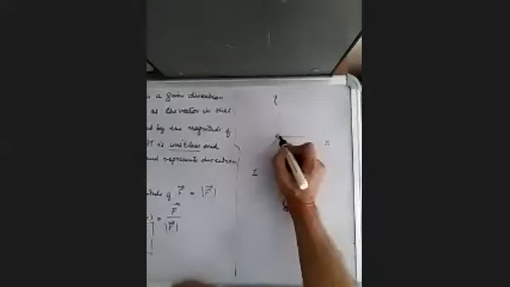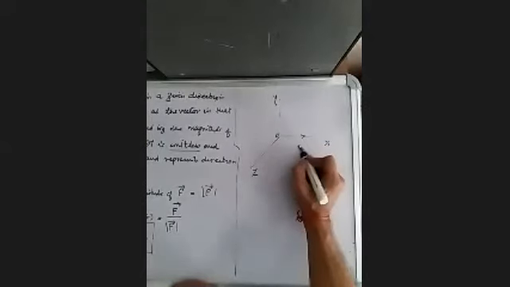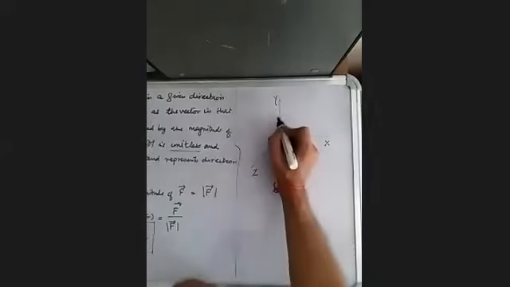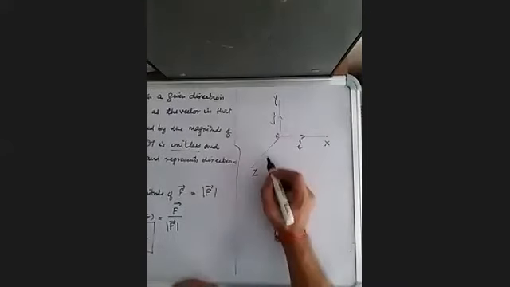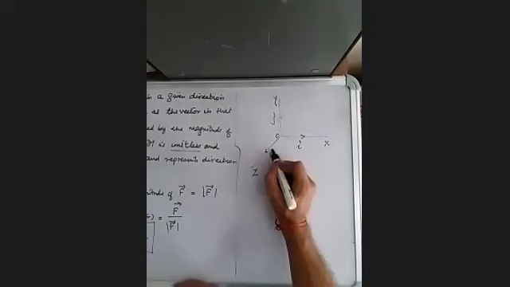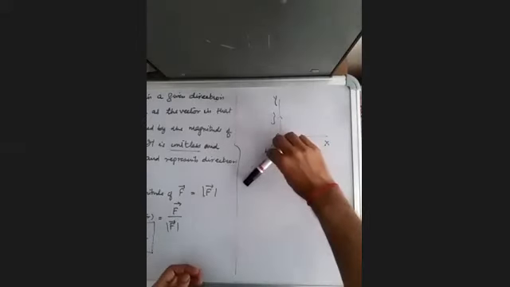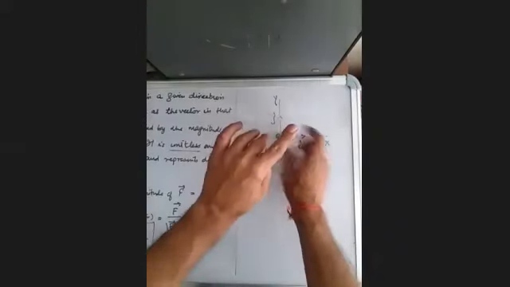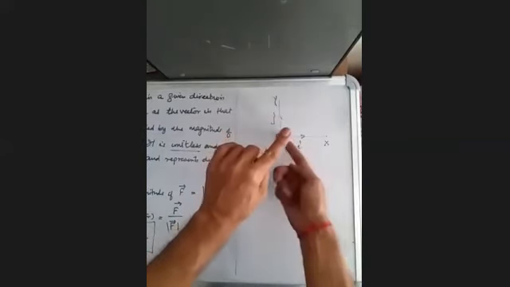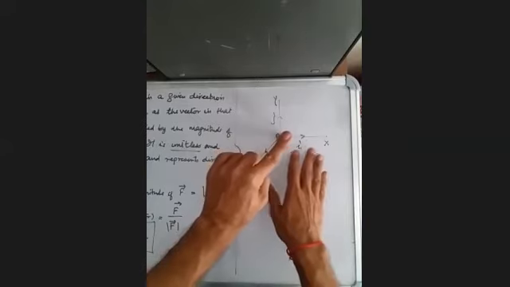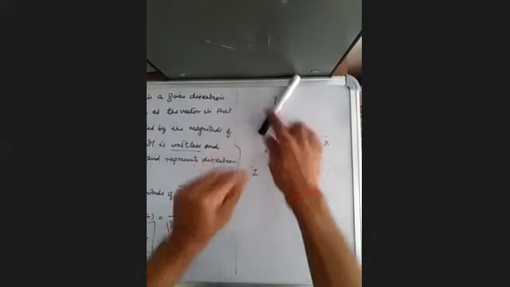Then the unit vector along x direction is represented by i cap, the unit vector along y direction is represented by j cap, and the unit vector along z direction is represented by k cap. This z actually is like this: upward or down. Like your room, so it is a three-dimensional space we're talking about.